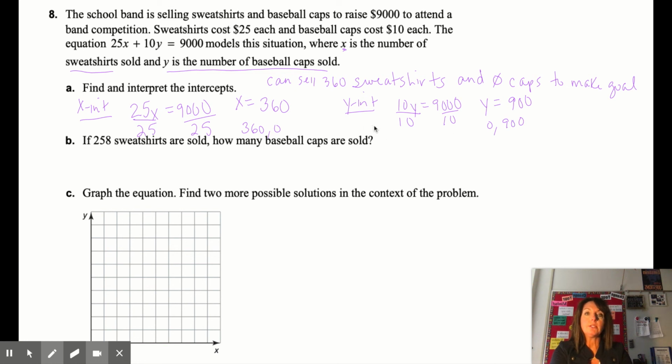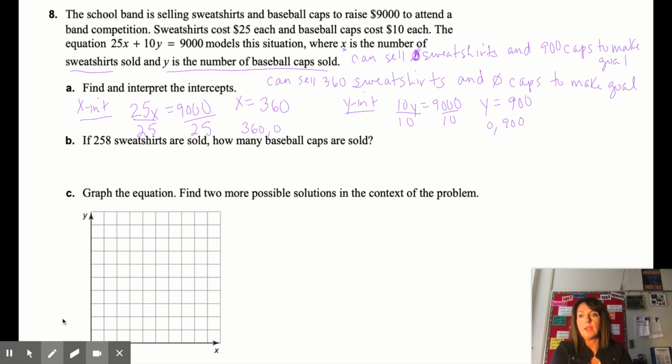So we could also sell 0 sweatshirts and 900 caps to make our goal.